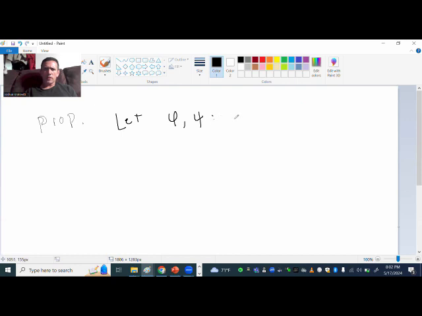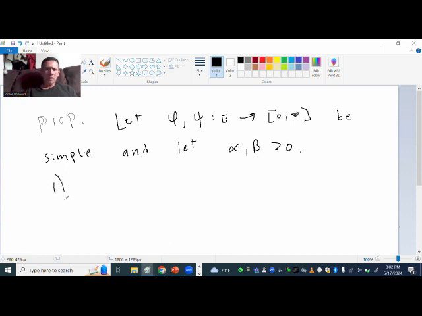And of course, whenever I say simple, it's implied that they are measurable functions, and so is E. And let's say alpha and beta are positive.